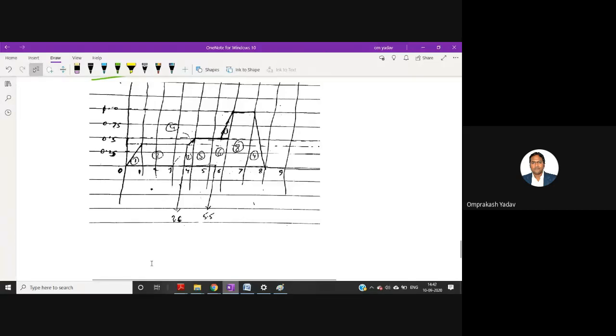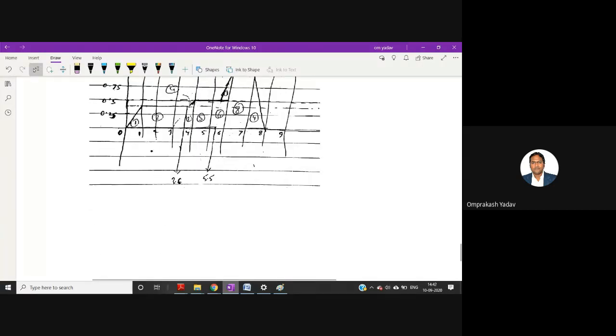Now to determine the intersection point, we should have the data of this particular line. So the data of this line, I think, is at 0.3, right? So this line must be y equal to 0.3. Just check whether this line is y equal to 0.3. Yes, sir, 0.3.